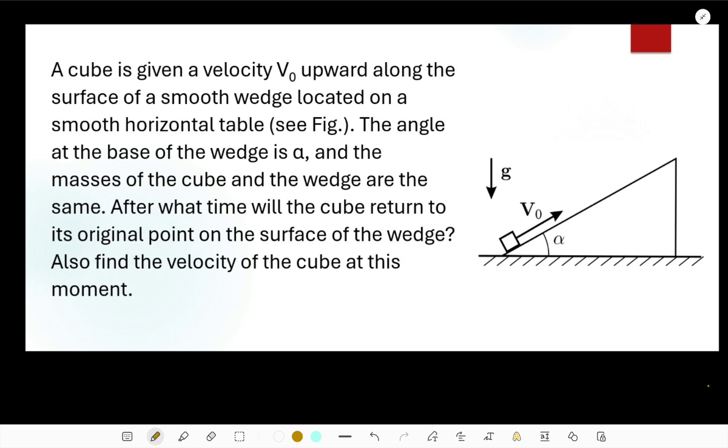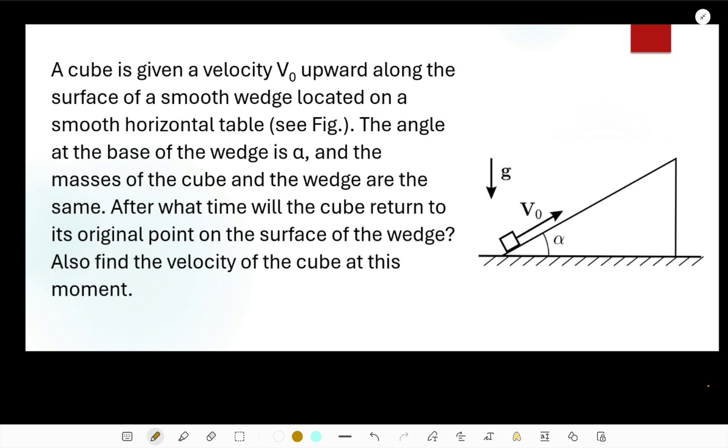The external forces on the system are only gravity and the normal force exerted by the table, and both are in the vertical direction. So no external forces in the horizontal direction for the system, meaning the wedge and the cube. That means the horizontal component of the center of mass velocity remains constant.